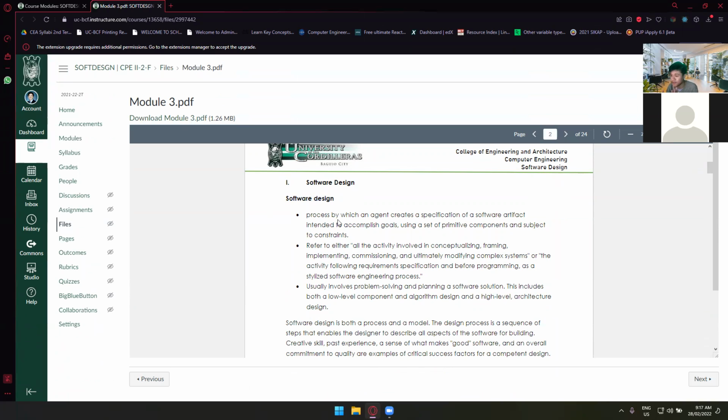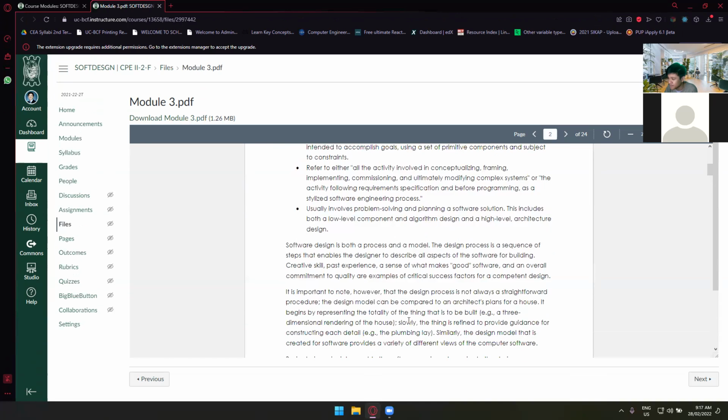It might be a different problem, but this existing solution might still be applicable. So again, to make it short, software design is both a process and a model at the same time.